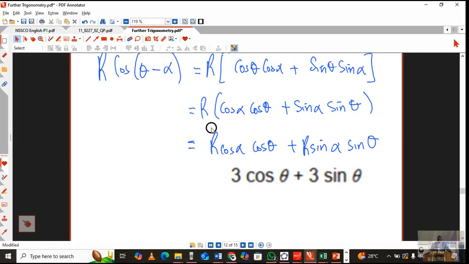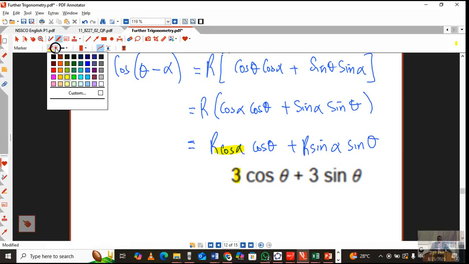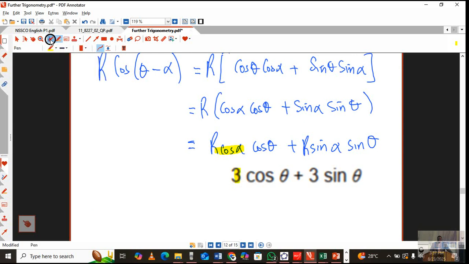Looking at the coefficients and equating coefficients there, the coefficient of cos theta is r cos alpha. I'm going to let that equal 3, and that is going to be my first equation.